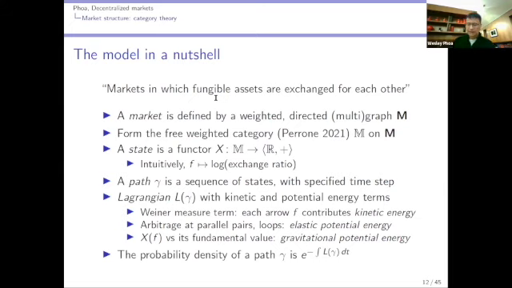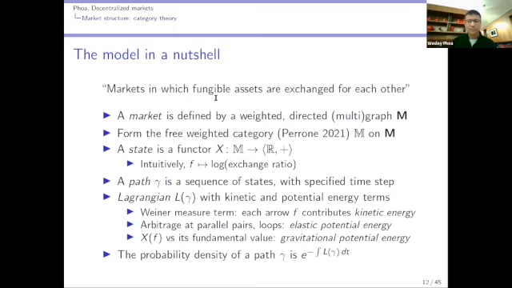And the edges in the multigraph are possible exchanges of assets. You form a free weighted category which corresponds to sequences of exchanges, and then a state of the market is just a functor from that into the additive reals considered as a category through its monoid structure, which intuitively takes an exchange to the exchange ratio of those assets.